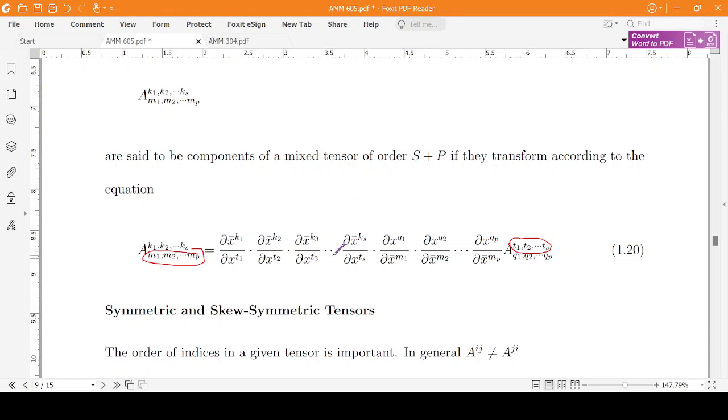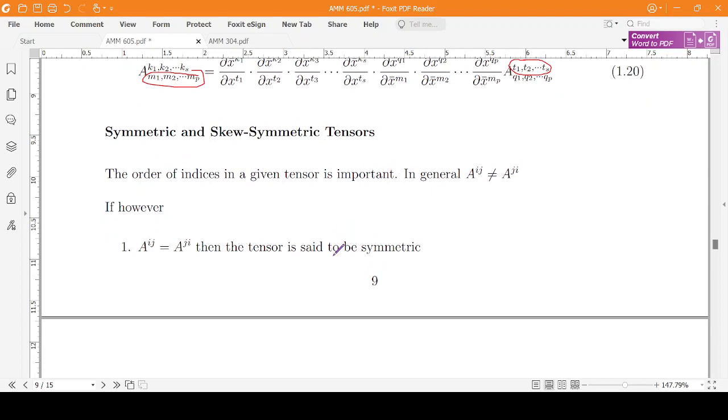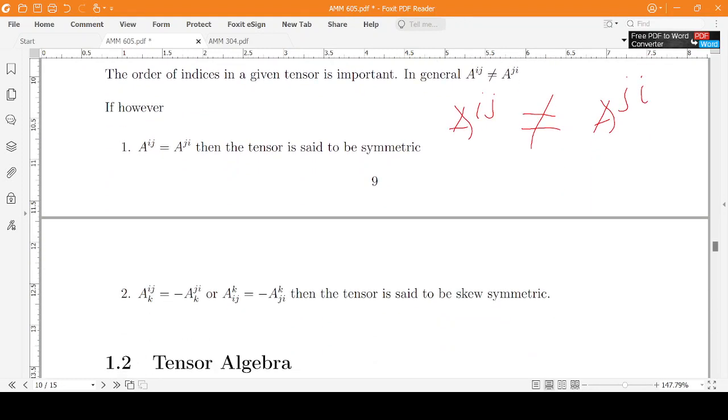So now we look at the symmetric and skew symmetric tensors. So in general, when we write aij and aji, these two are not equal. They represent different quantities. It's just like in matrices. When we write a matrix A, it has the components A11, A12, A21, A22.